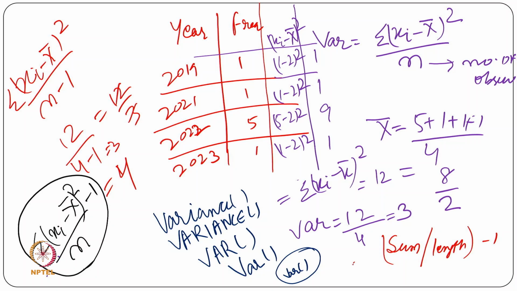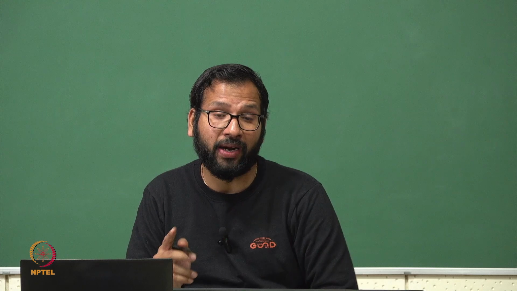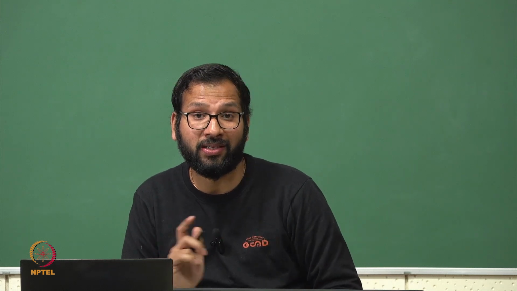But what we want is sum divided by (len minus 1). There is a big difference between these two operations. You have to remember this whenever you are creating your own calculation, and see how it is interpreted. That is why we were getting the wrong answer for variance.